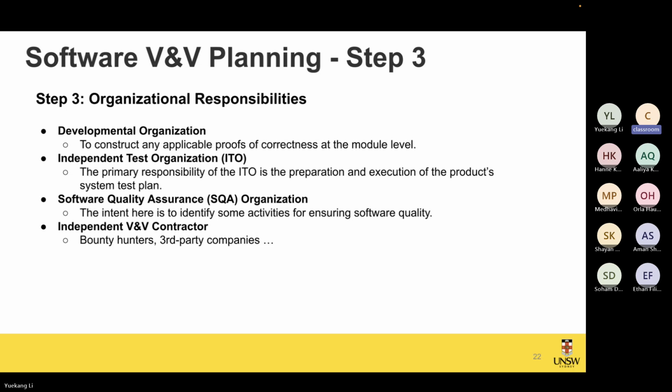But testing and quality assurance is not only the task for that particular team. It is also a responsibility for the developers. It is also the responsibility for the contractors, for the third party people.